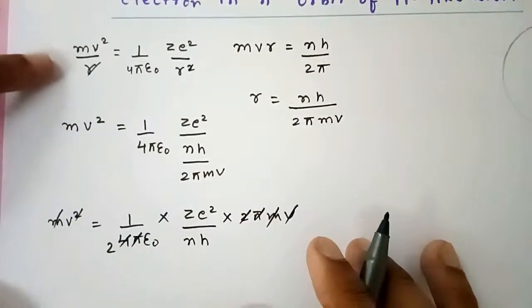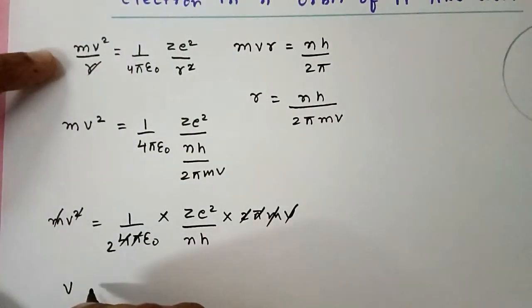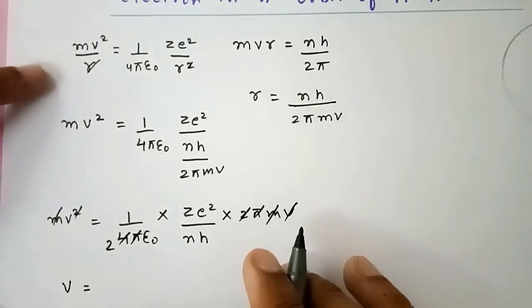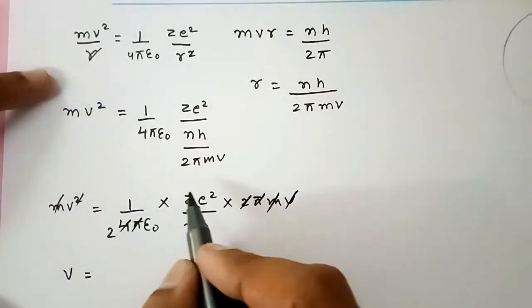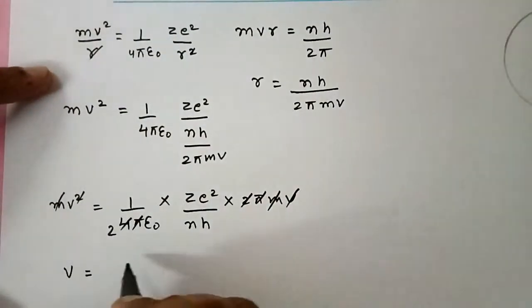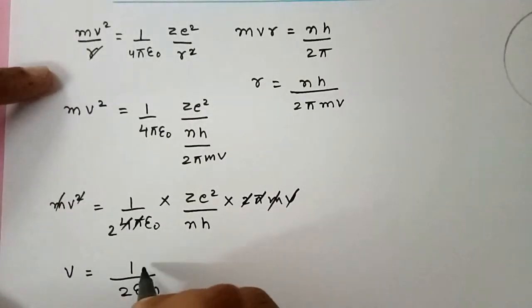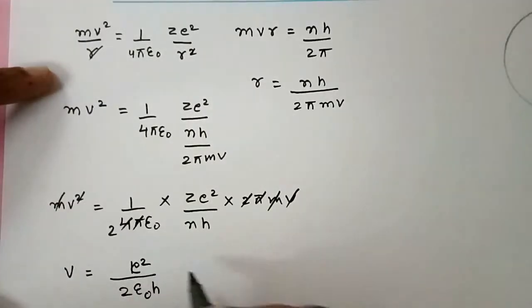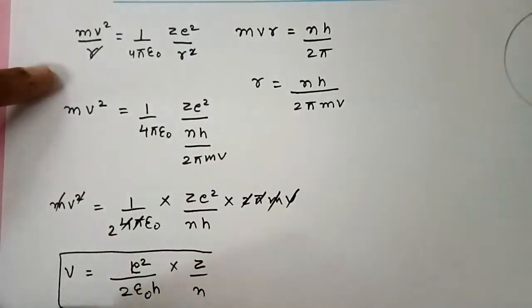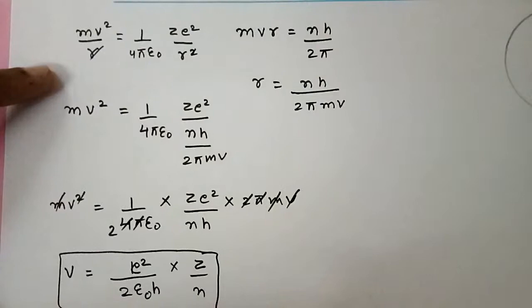So now we have the expression for the velocity of an electron in a hydrogen-like atom whose atomic number is Z, that is given by 1 by 2 epsilon 0 h into e square multiplied by Z by n. A very important expression that we have derived, right?